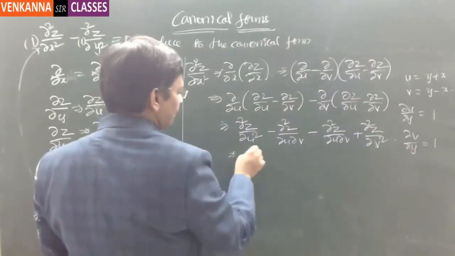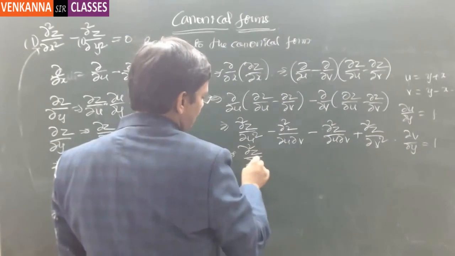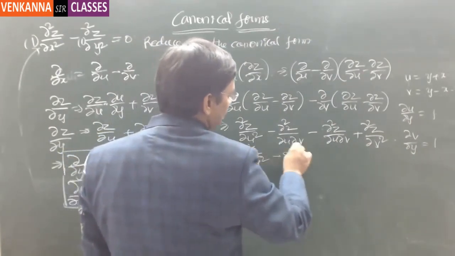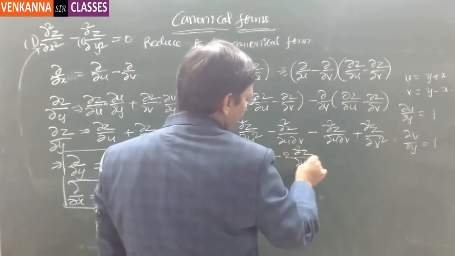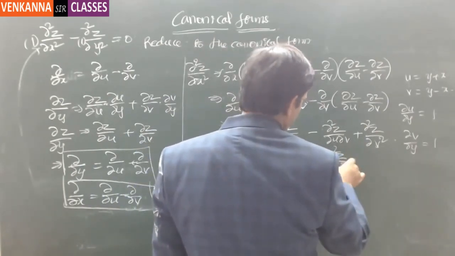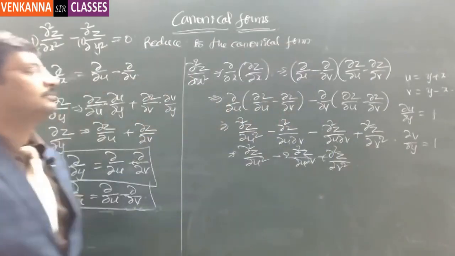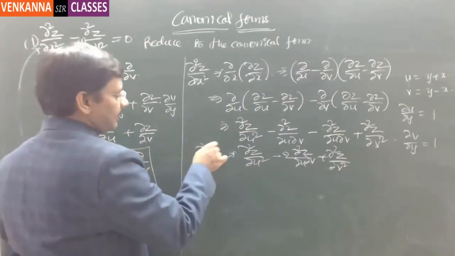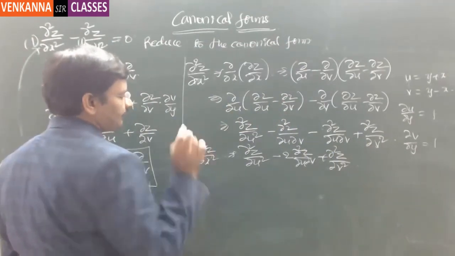So this is ∂²z/∂u² − 2 ∂²z/∂u∂v + ∂²z/∂v². Got it? So this is the ∂²z/∂x² value.